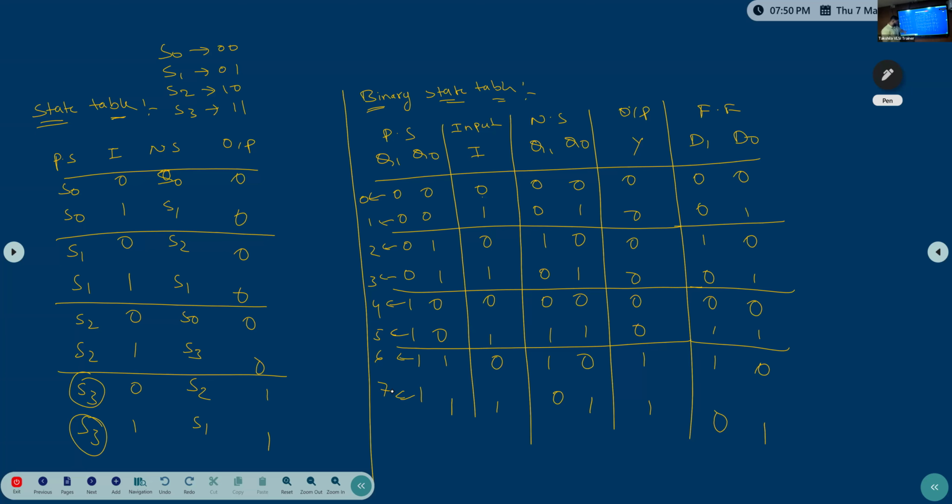So now we need to implement the K-map. Let's implement the K-map for D0. Sorry, D1. Try to implement parallelly.